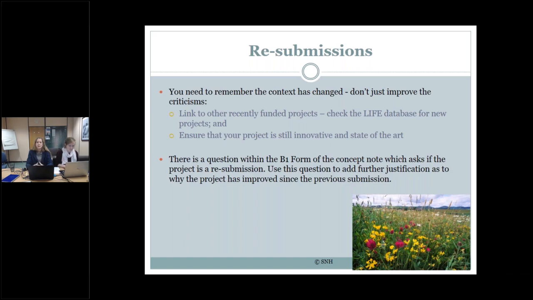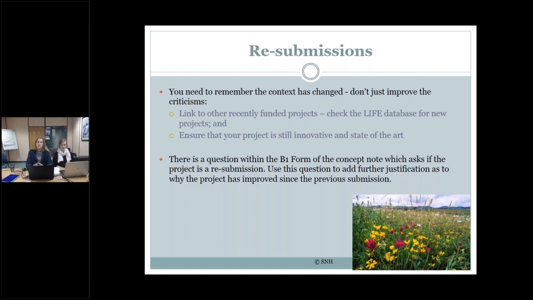And you have a good chance you'll be successful the next year, because this is due to the clear steer from the evaluator as to how the project can be strengthened when you receive your feedback letter. So please look at the feedback very closely and take on board the points that evaluators have pointed out, which need to be strengthened.